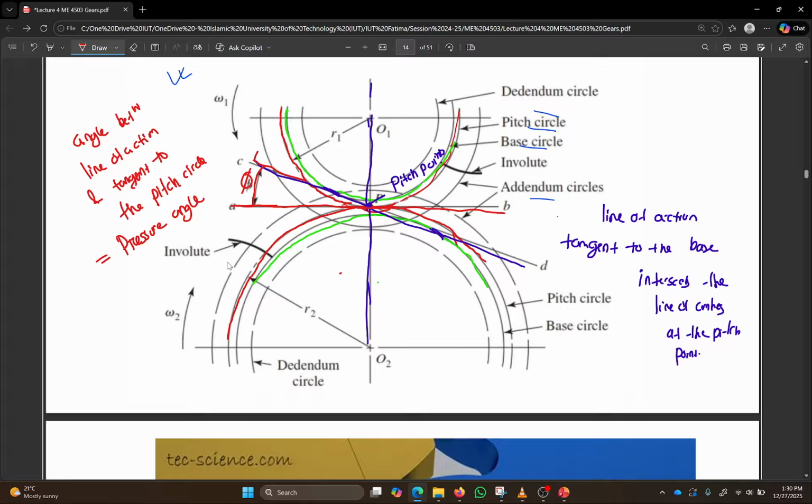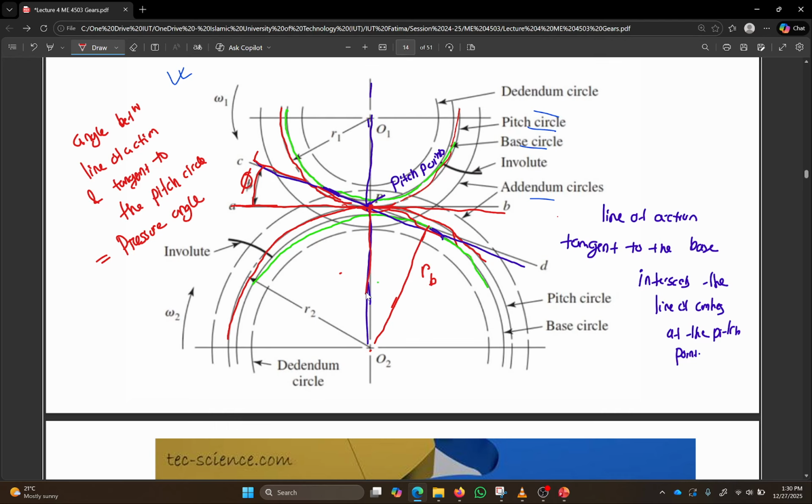Whenever we are going to deal with gears, this is an angle that is very important to you. And this angle also helps us in another way. If you use simple geometry, you would notice that if this line is a tangent to the base circle, then if I connect it to the center, this is the radius of the base circle.